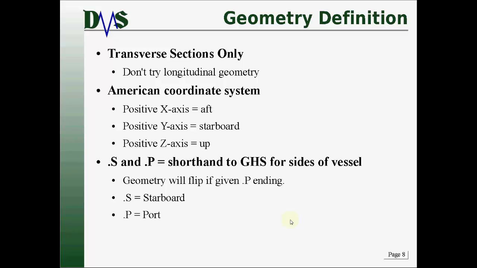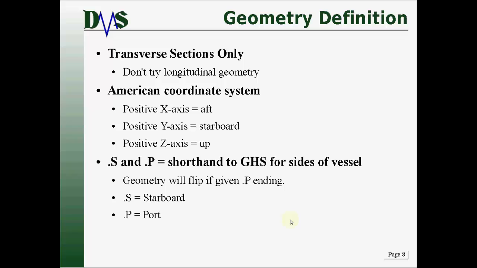And so if you type something that has positive Y coordinates and you give it a .S, GHS says, okay, that's on the starboard side, that's positive Y using the American coordinate system. Now, if you take that same thing, that initially had positive Y coordinates in its section definition, but you put it into a part name that has a .P on the end, GHS will flip that section.